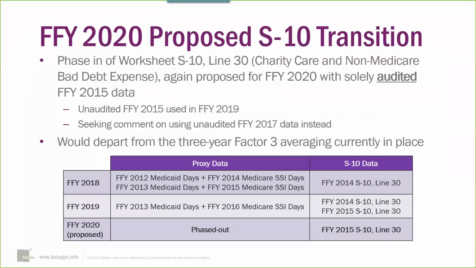However, this continues on with their 2017 data comment request, as hospitals would have more experience with the S10, and thus 17 would likely be possibly equivalent to an audited 15. As I mentioned earlier, this single year of data would be a departure from the 3-year averaging that they currently use.